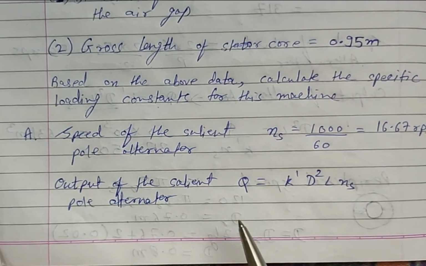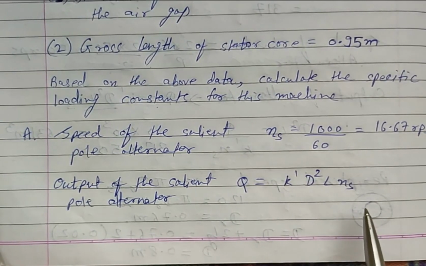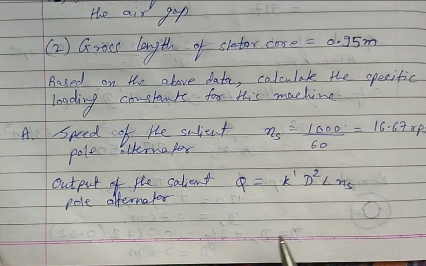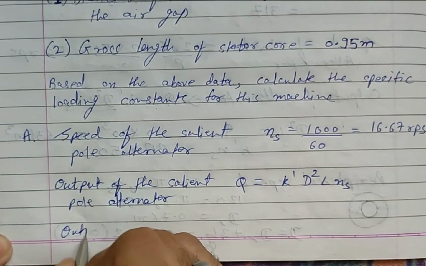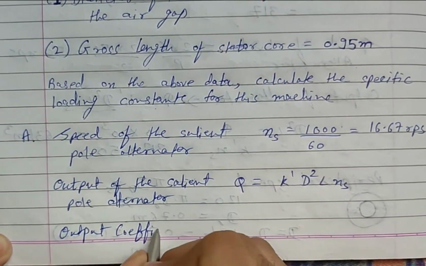Since we know the value of Q, D, L and Ns, we can find out the value of K dash, which is nothing but the output coefficient.